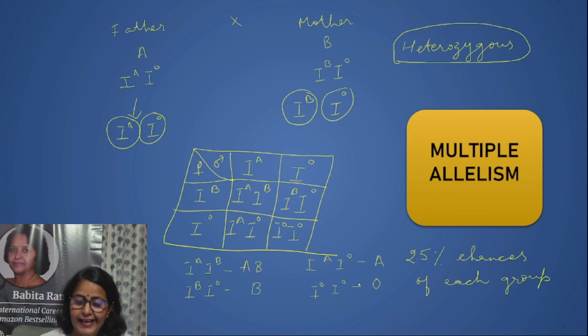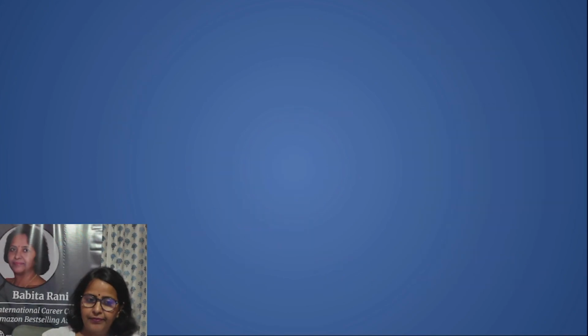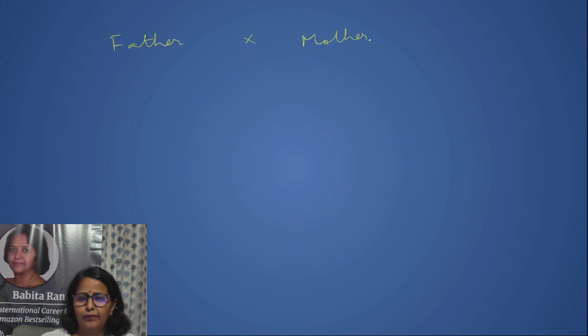But if we change this heterozygous condition to homozygous, let us see what will happen. IA, IB.